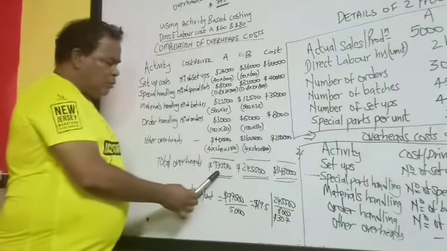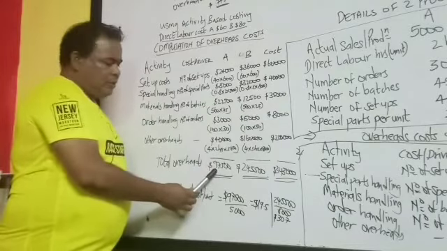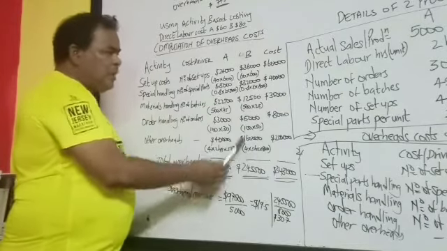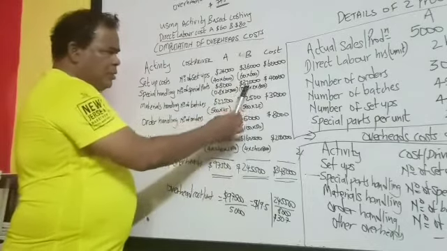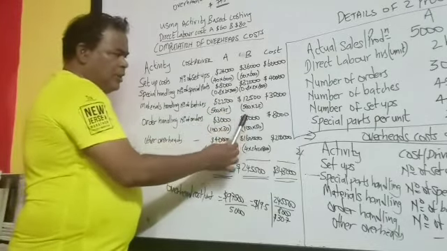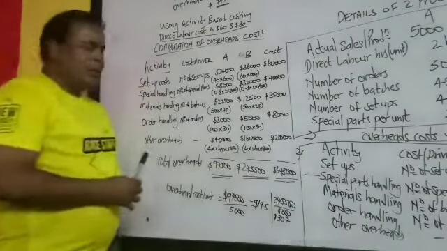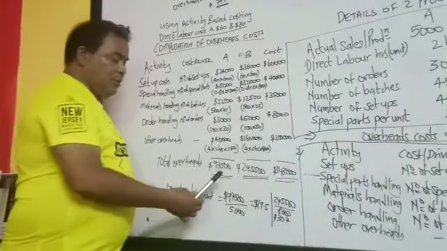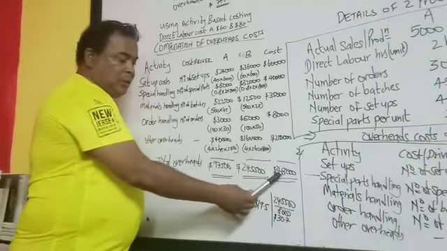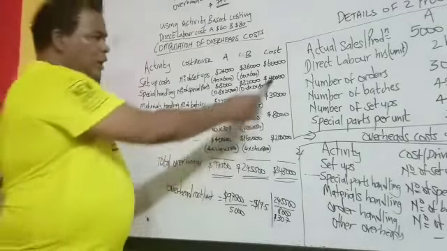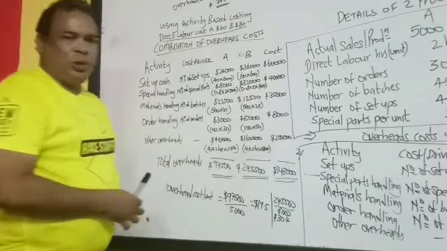We add, we get the total overhead 97,500. And here also we add 36,000, 32,000, 12,500, 5,000, 160,000. This will give us 245,500. And then the total, we add all these, we get 343,000.